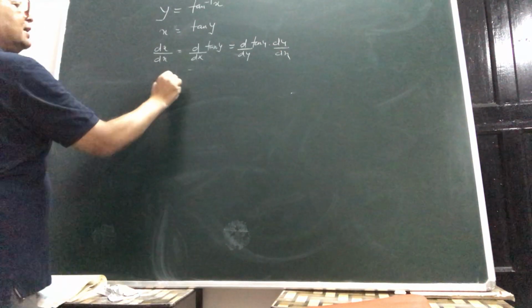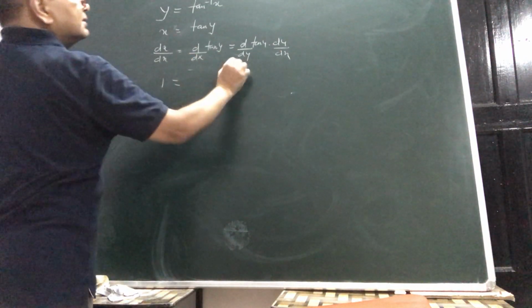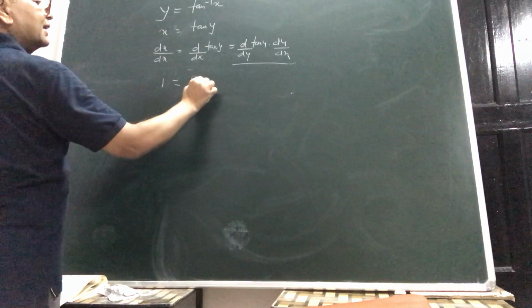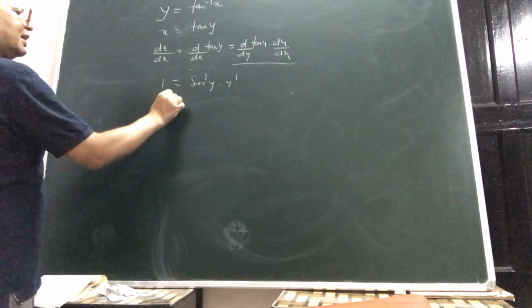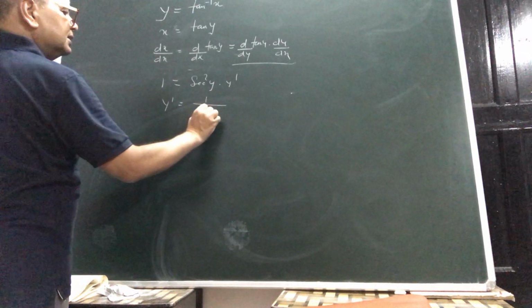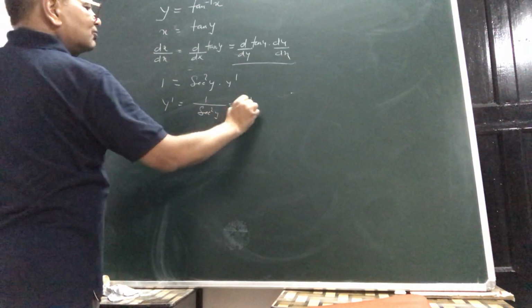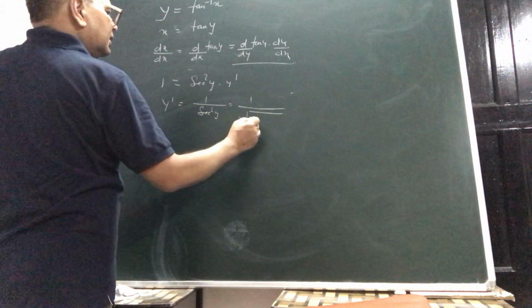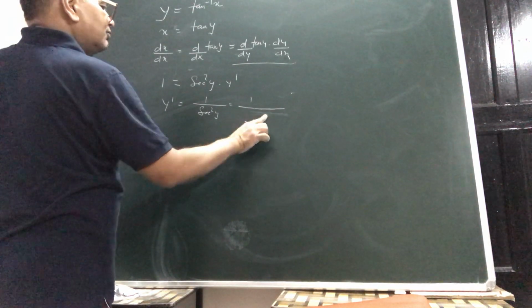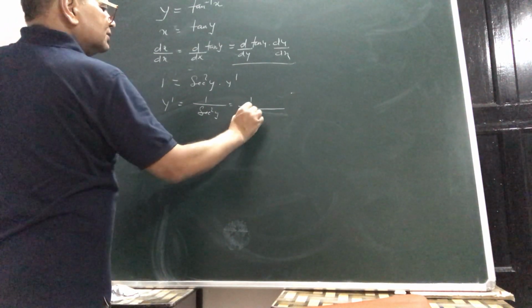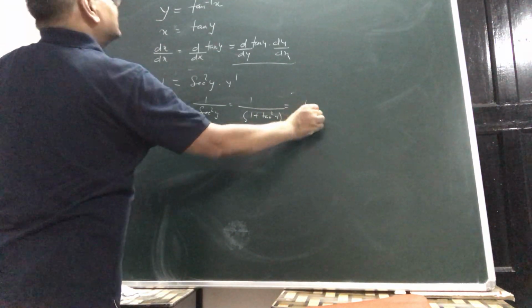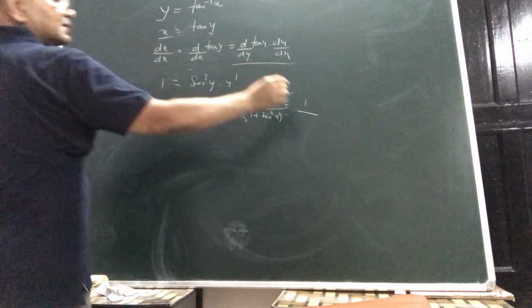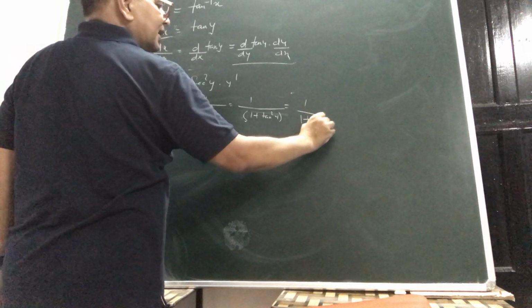So 1 is equal to sec square y into y dash. So y dash effectively is 1 upon sec square y, and sec square y is 1 plus tan square y, and tan y is x, so it is 1 plus x square.